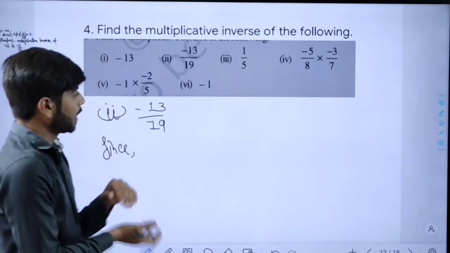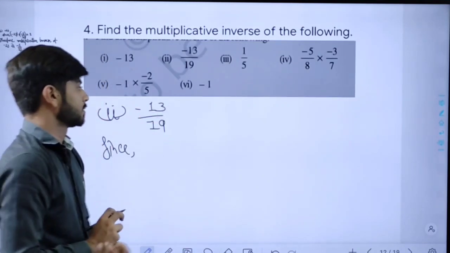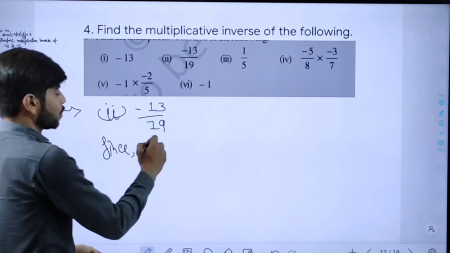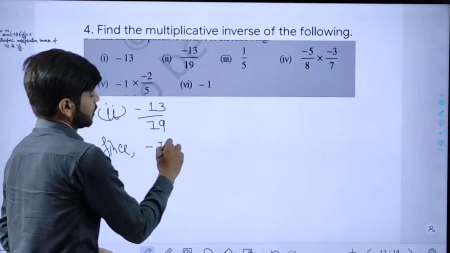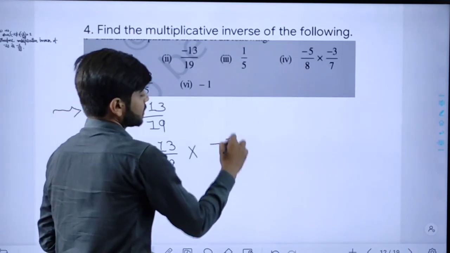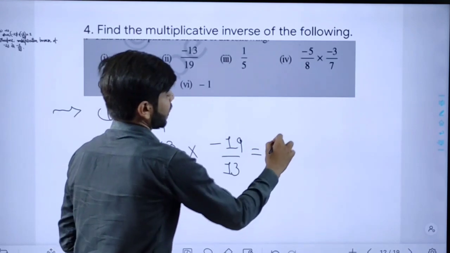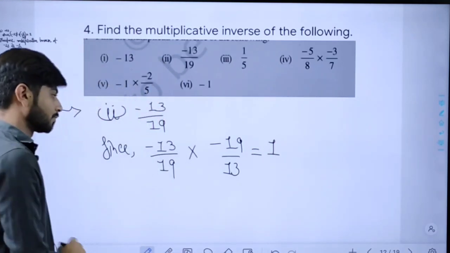So we will multiply it with 19 upon 13 and we will put the same sign as the given question. So minus 13 upon 19 multiplied with minus 19 upon 13, we will get the answer 1.